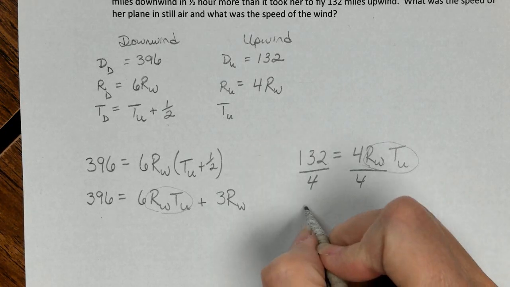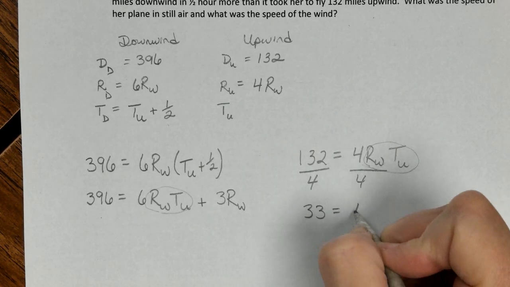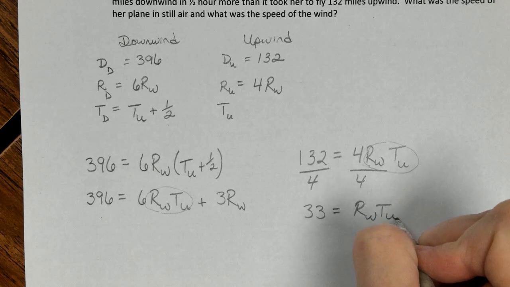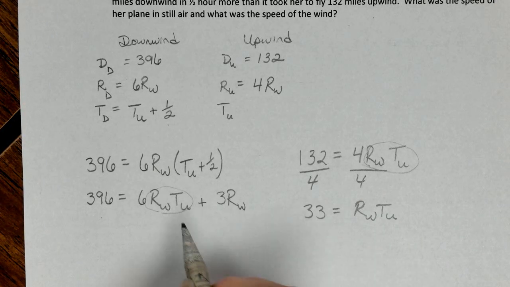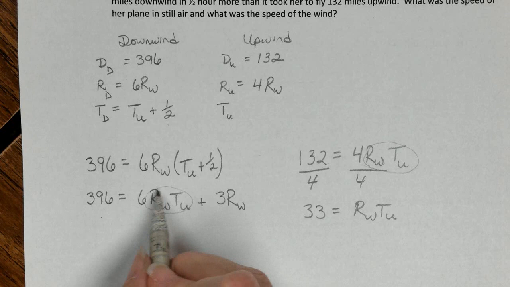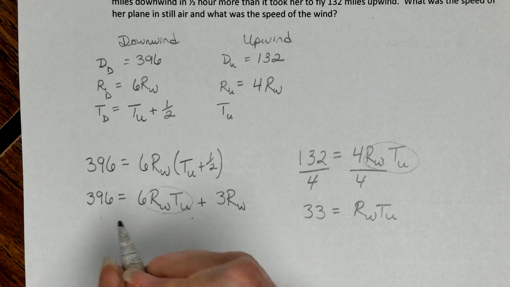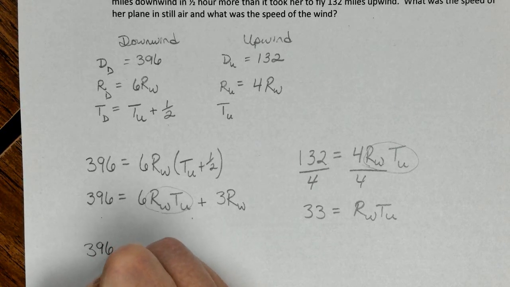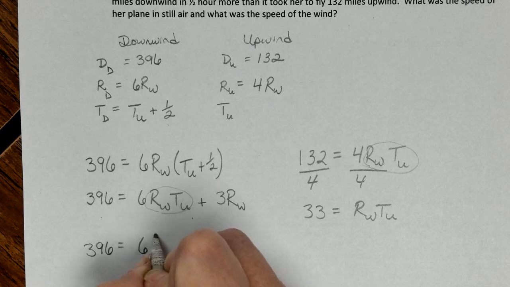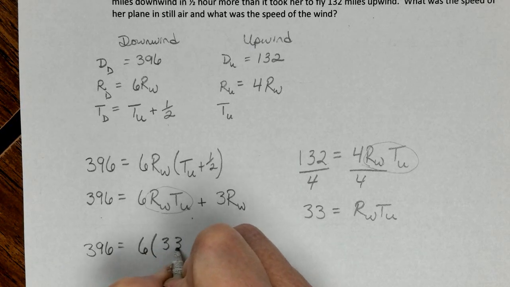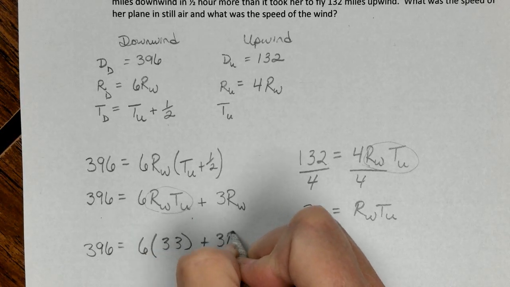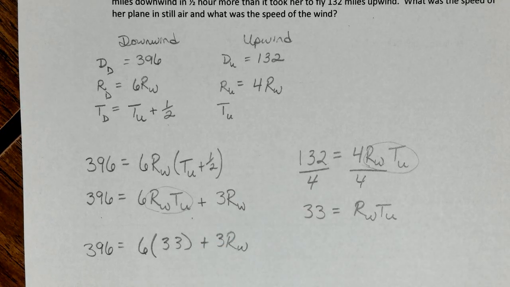So 33 equals RWTU. Now I can put 33 in place of RWTU over here. 396 equals 6 times 33 plus 3 RW. That's going to be 198, 6 times 33.